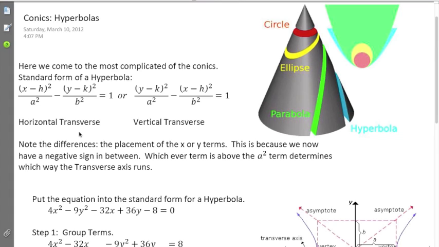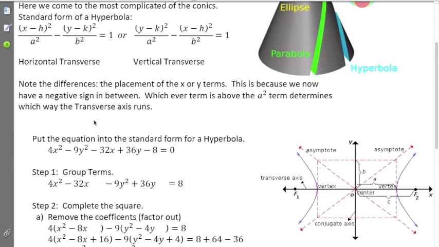Basically, that means your hyperbolas are going to open up left and right. If you had a vertical transverse, they would open up and down. Be very careful. I want you to really look at the equations for the hyperbola and the equation for the ellipse side by side so you can see the differences and know which one's which.